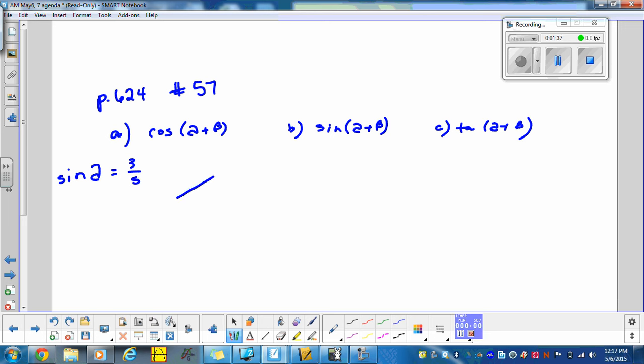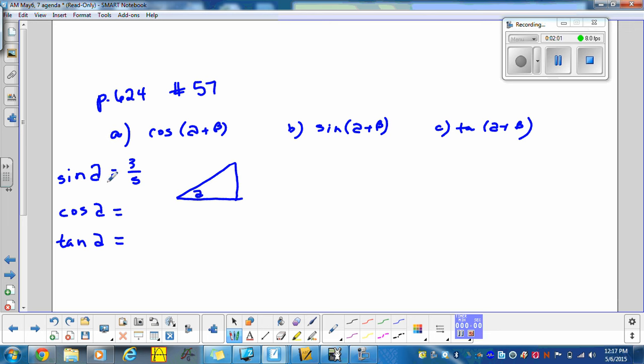And so we have a triangle in quadrant 1. And if this is alpha, quadrant 1's functions for cosine and tangent are all positive. All of the trig functions, again, are positive in quadrant 1.